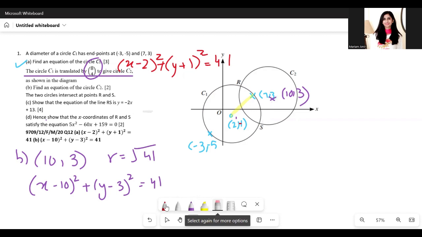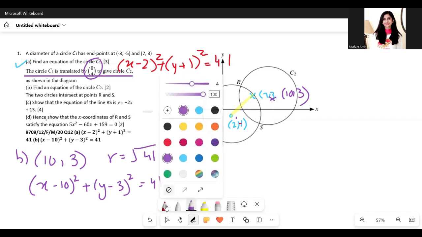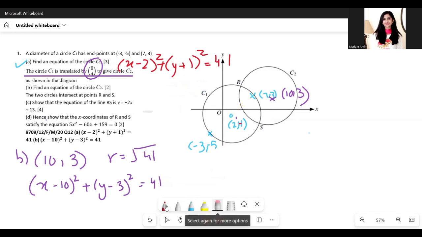Next is, show that the two circles intersect at point R and S. So you can see that in the figure here. So they're asking us to show that the equation of RS is equals to minus 2x plus 13.